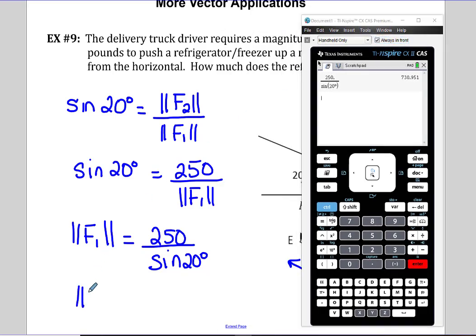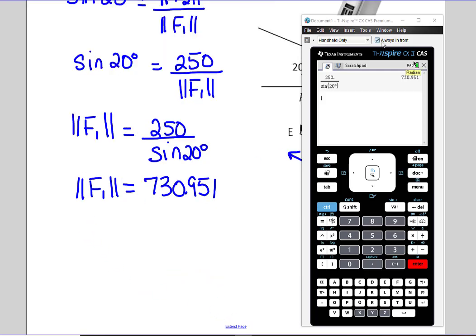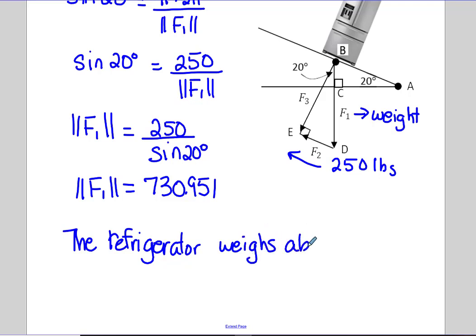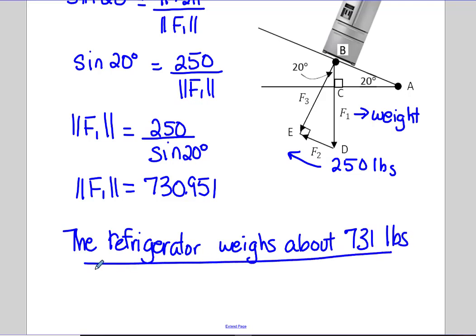So the weight of the refrigerator, 730.951. We can put that in a sentence format and say the refrigerator weighs about 731 pounds. So that's a big refrigerator.